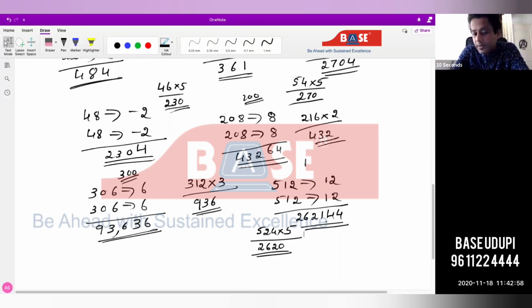After multiplying by 5, you need to add the carry. The number is actually 2620 when you multiply by 5. But there is one carry to add because till 1000 it is 2 place values. For 1000 onwards, 3 digits you can write. Till then you can write only 2 digits. So you cannot write 144. You have to write only 44. One carry you need to take. Then 2620 is the number you get. You have to add one carry to it. So it becomes 262144.